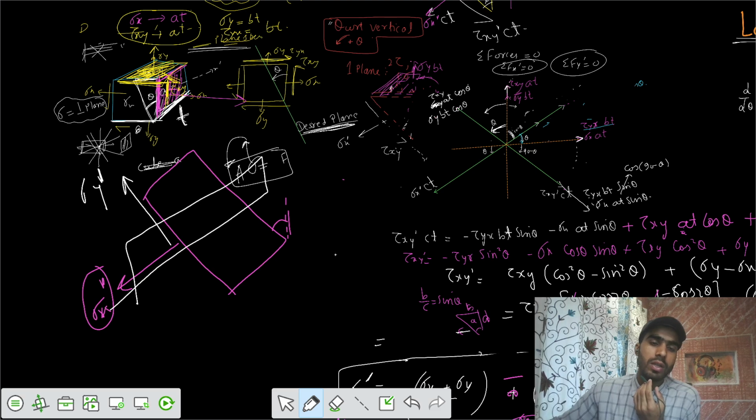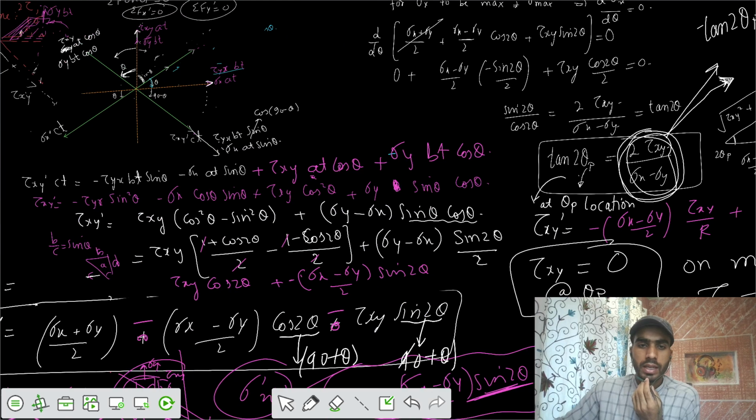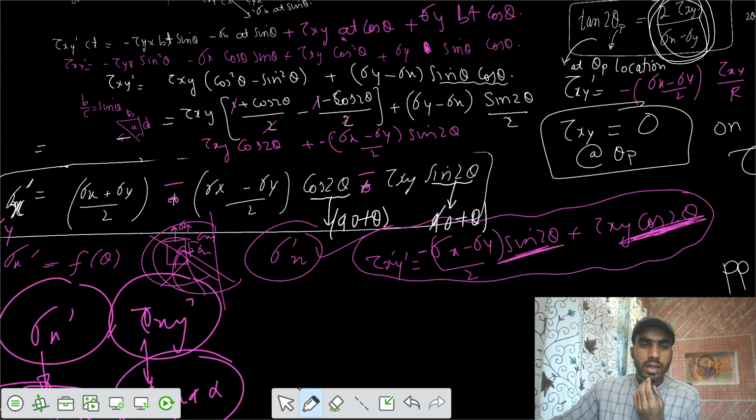To calculate the stresses on that plane, you have to rotate the element by 90 plus theta. You have to check the value of stress at 90 plus theta with respect to that vertical, anti-clockwise. Then you substitute the value of 90 plus theta here, and you get the result that it is negative.